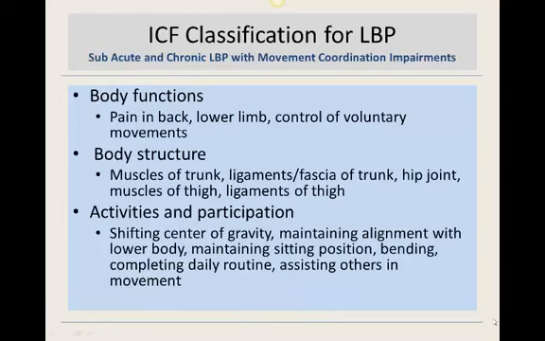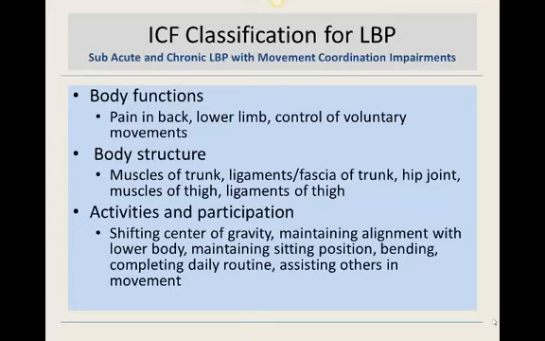The next classification is low back pain with movement coordination impairments. However, this is now subacute and chronic low back pain. Body functions are similar to the previous classification: pain in the back, lower limbs, control of voluntary movements. Same body structures typically are involved, such as the muscles of the trunk, ligaments and fascia of the trunk, the hip joint, and thigh.